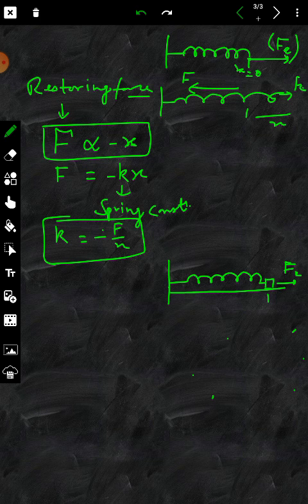Initially, this object attached to the spring is placed horizontally on a frictionless table. This table is called frictionless, so we are omitting the possibility of any other force. With this force, this object gets displaced to some new position, meaning by displacement x.